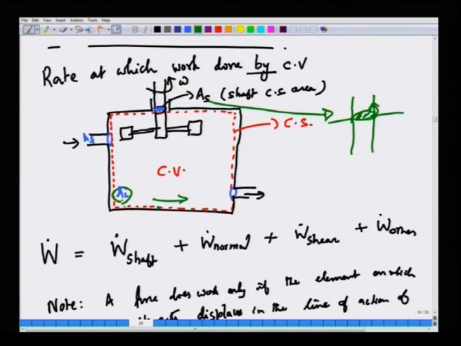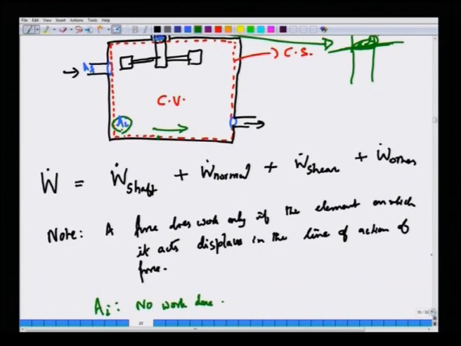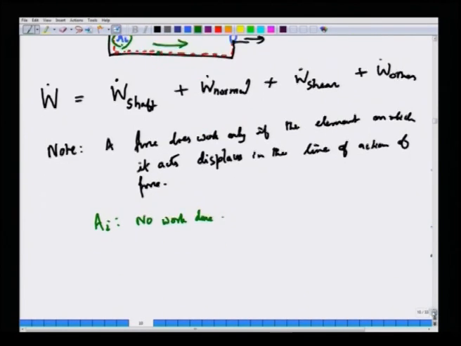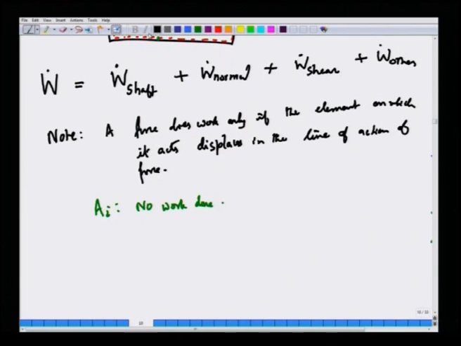So, there is a rate at which work is done either by the system on the surroundings or by the surroundings on the system whenever the control surface cuts across a rotating shaft. That is called the shaft work, which is denoted as W dot S or W dot shaft.